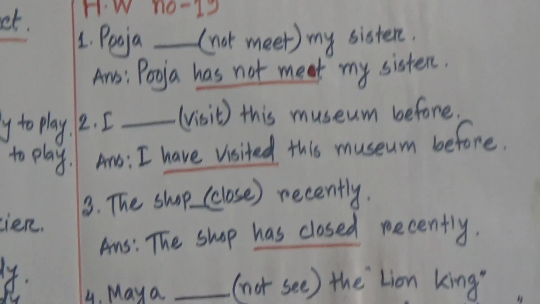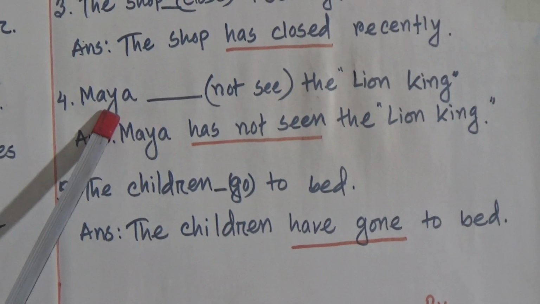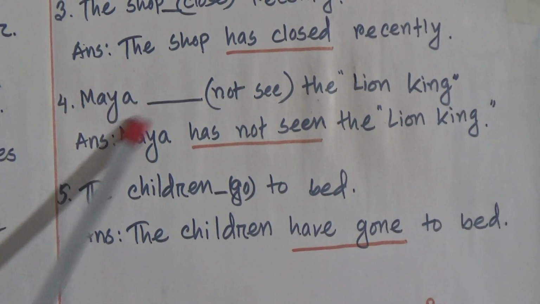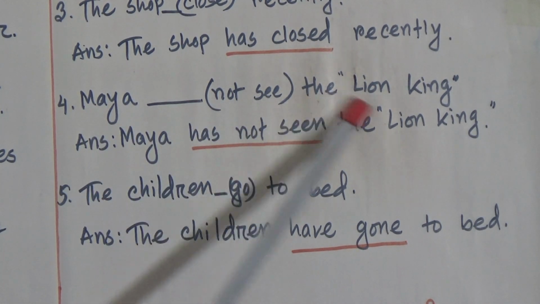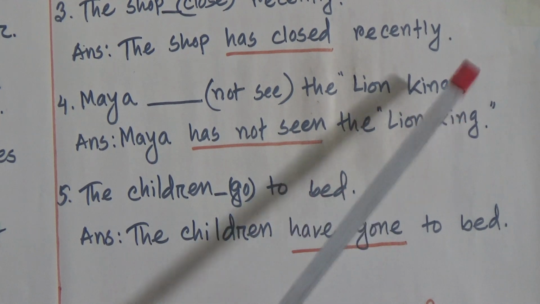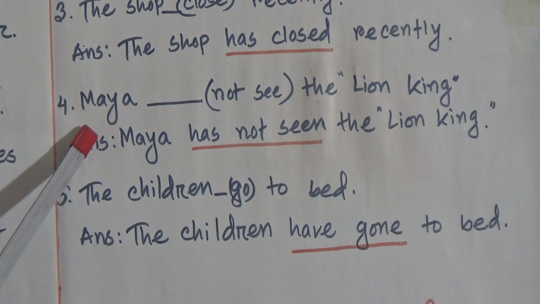Number 4, Maya. You know that Maya is a name. Maya have not see the Lion King. Dear students, you know that Maya is third person singular number, although this is also a name.